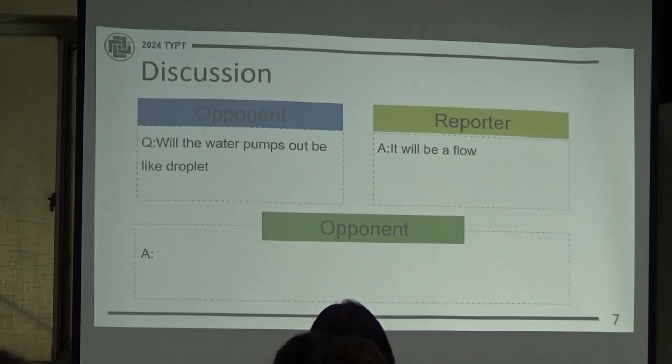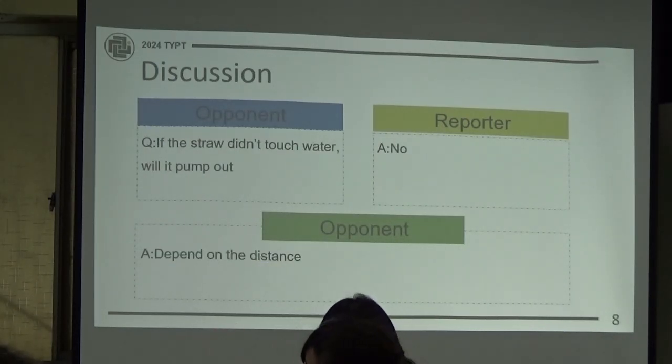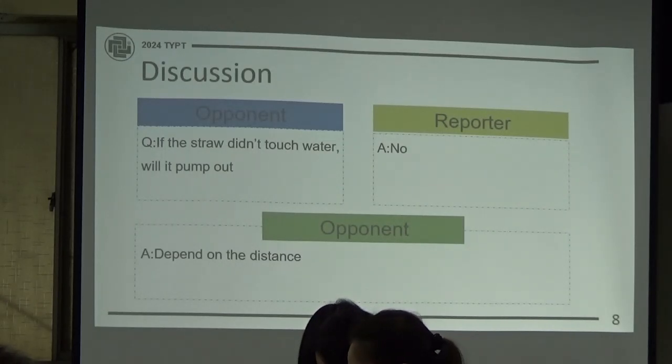But I think that at a high angular velocity, it will be droplets. The opponent asked if the straw doesn't have water, will it come out. The reporter says no, but I think it depends on the distance between the straw and the water.